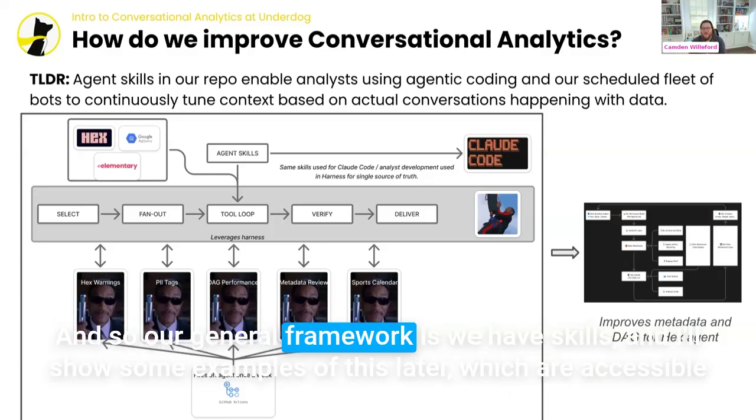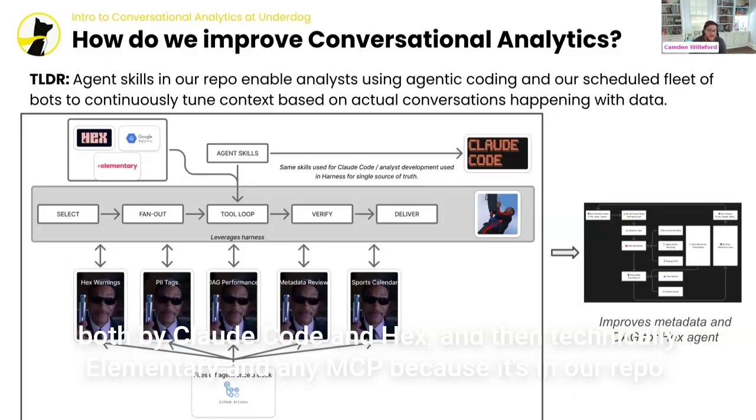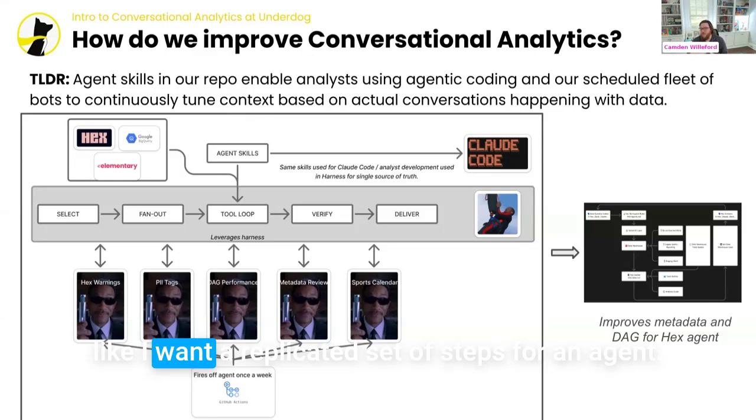And so our general framework is we have skills, and I'll show some examples of this later, which are accessible both by Claude Code and Hex, and then technically Elementary and any MCP because it's in our repo. Those skills are used by our harness. And what a harness is, if you've read about it in the market, is a replicated set of steps for an agent.